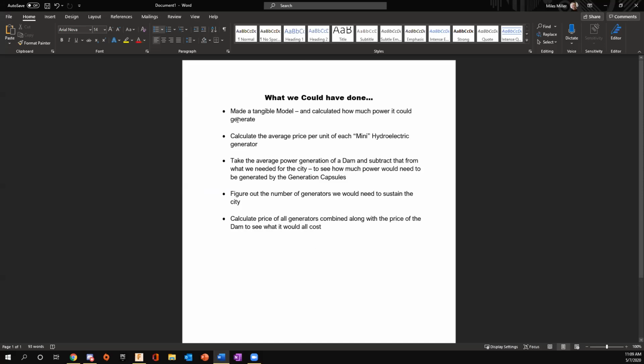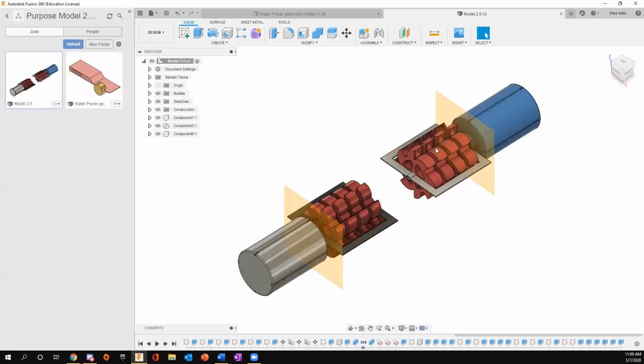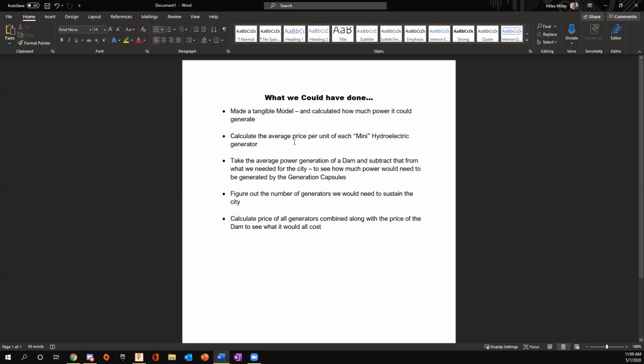We would have made a tangible model and calculated how much power it could generate, most likely based off of model 2 right here. We would have calculated the average price per unit of the mini hydroelectric generators.